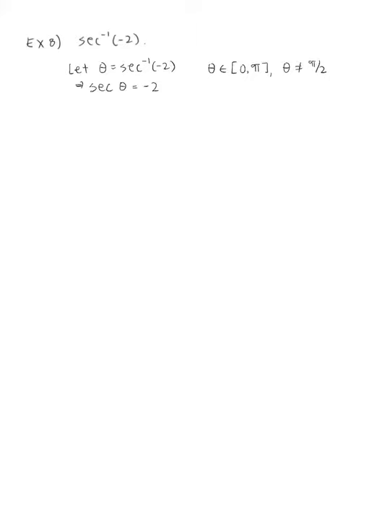Now secant of theta is 1 over cosine of theta. But when theta is pi/2, what's going to happen? 1 over cosine of pi/2, cosine of pi/2 is 0. So 1 over 0, which is going to become undefined. So that is why theta cannot be pi/2.